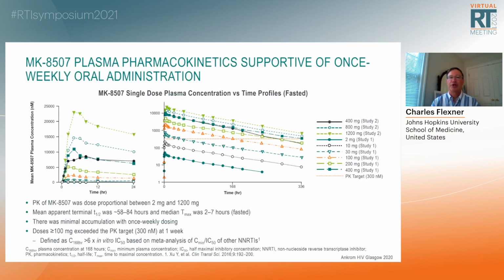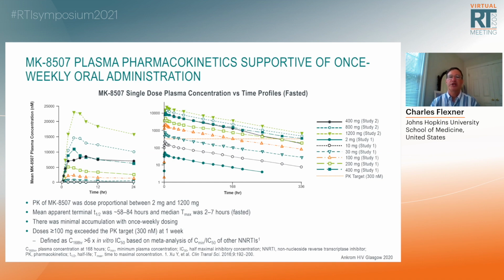This slide shows the pharmacokinetic profile of MK-8507 when given as a single oral dose to HIV seronegative volunteers. On the left-hand side is the 24-hour concentration time profile. On the right-hand side is the 14-day concentration time profile.